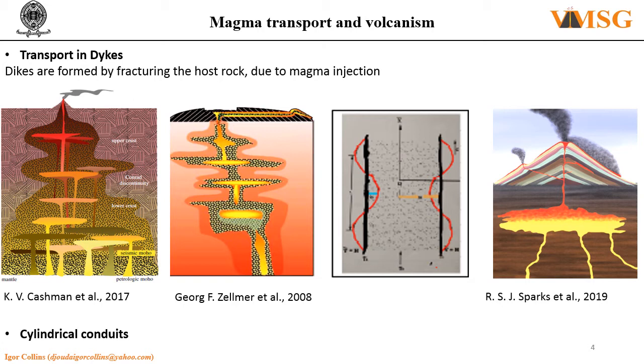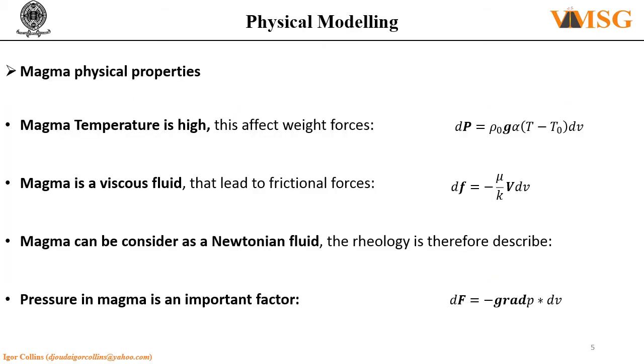Zeymar has proposed an approximation of the phenomenon here, and for this study, we use a physical modeling approximation of the ascent, represented here by this figure. The other way that magma can erupt to the surface is the cylindrical conduit. This theory supposes that the magma chamber is located underneath the volcanic edifice in the upper crust.